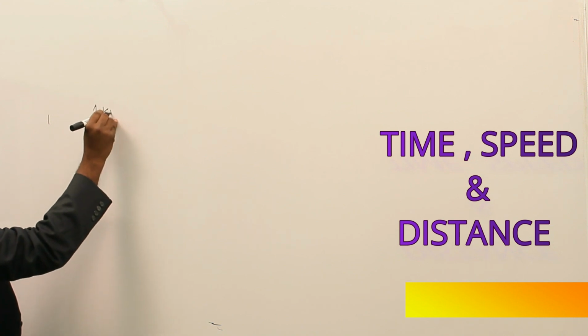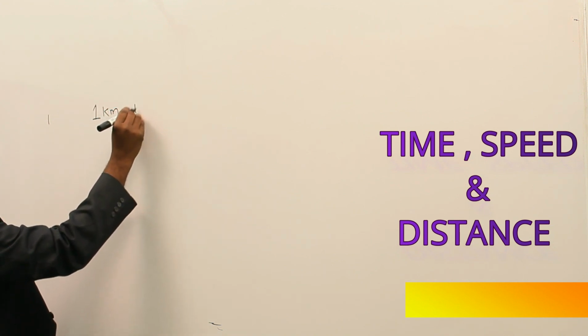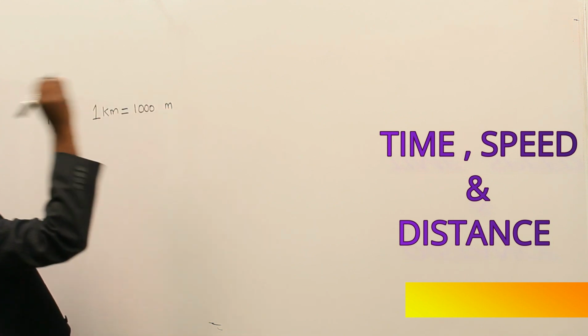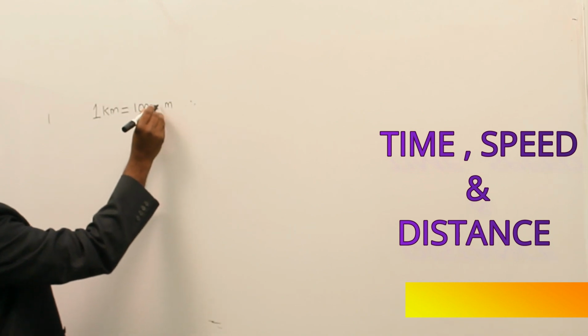Everyone knows 1 kilometer equals 1000 meters. So we can write it as 1000 into 1 meter.